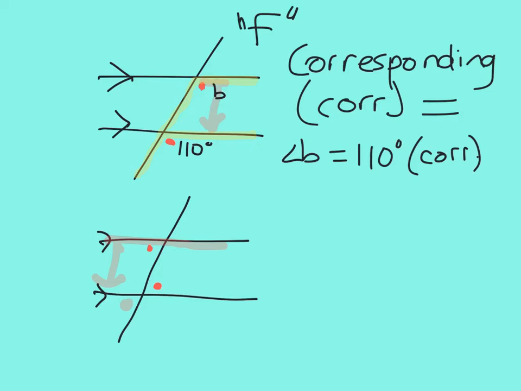The angle ends up on that side, and then you'll notice that you've got that opposite relationship happening again. So these are called interior, whoops. These are interior alternate.